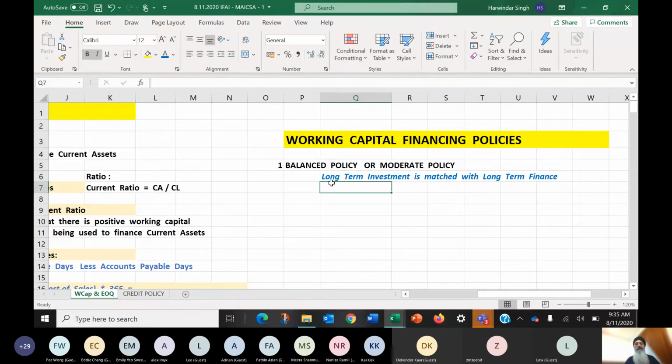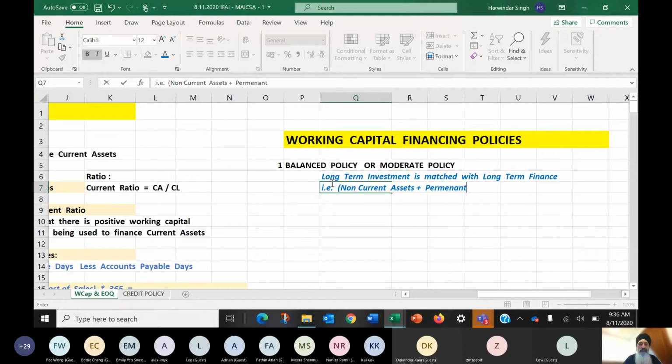What is long-term investment? Long-term investment is non-current assets, that's long-term, plus permanent current assets.